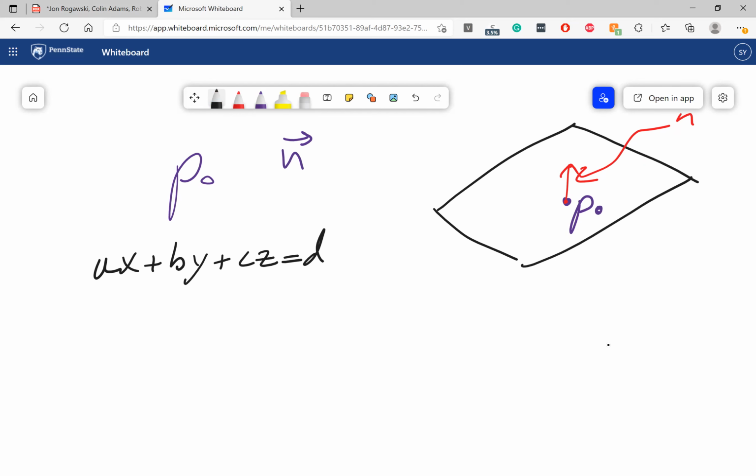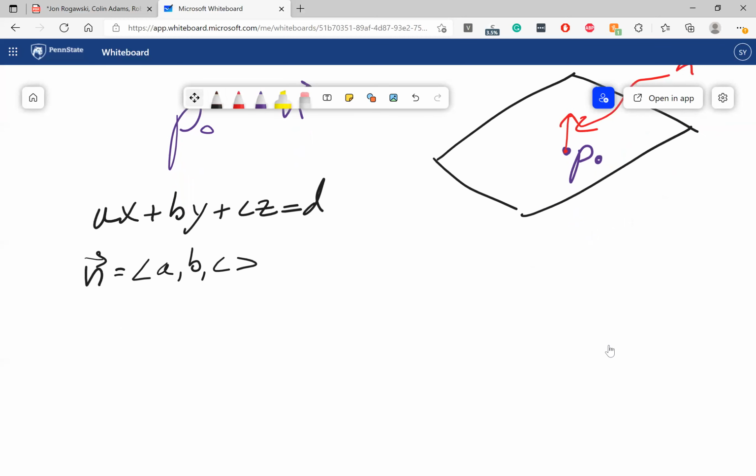And you can read out the information for the normal vector through this equation by looking at the coefficients in front of the x, y, and z. So our normal vector is a, b, c in this case.